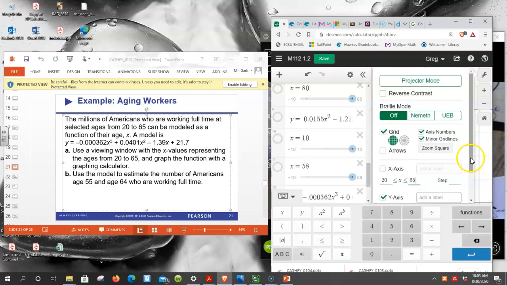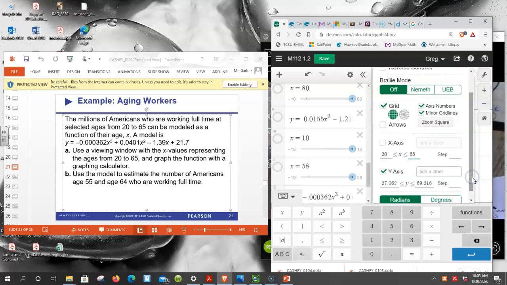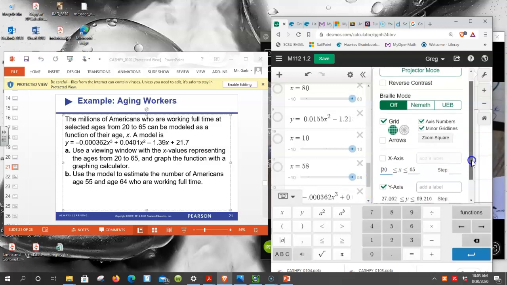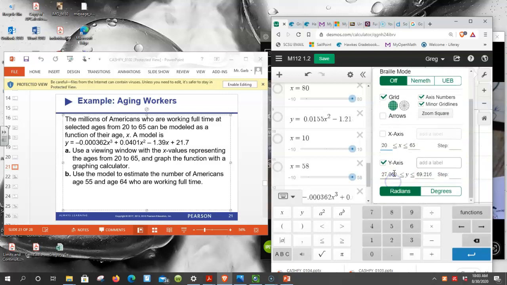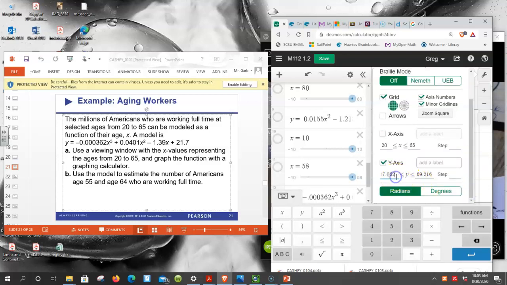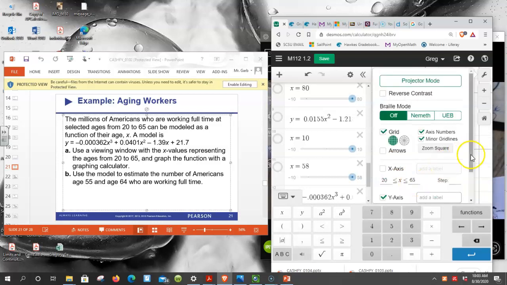And then our Y range, well, that's the percent, right? So percent, what did we talk about that before? The millions of Americans, so we don't even know what that's going to be. So Y is in millions. You don't know what that's going to be, but we can say 0 to, I don't know, 100 million, 200 million, I don't know.